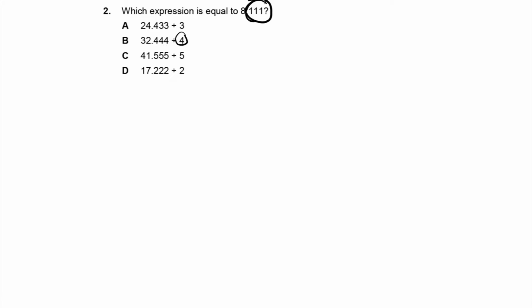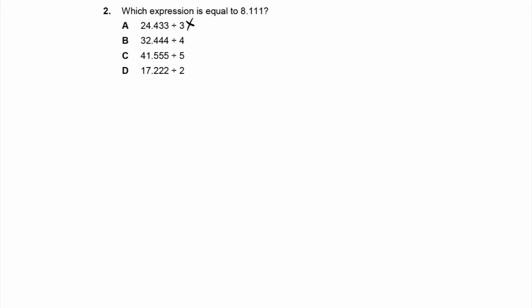Obviously 4 times 111 gives me 444. Similarly, 5 times 111 gives me 555. And 2 times 111 is going to give me 222. So those 3 look like they're lining up, but I think I can probably rule that one out.